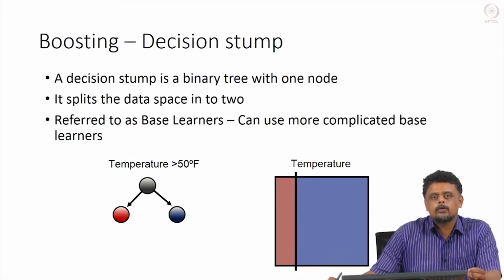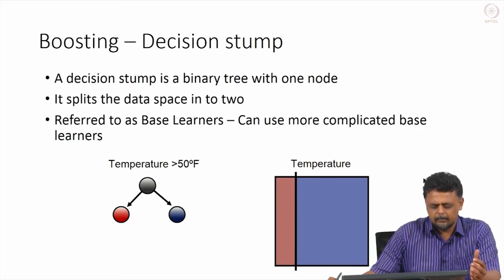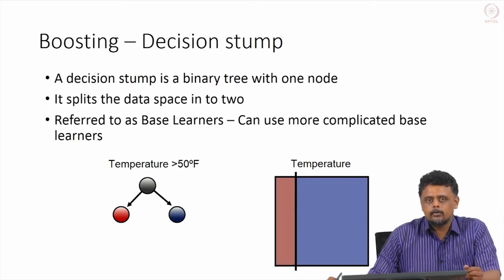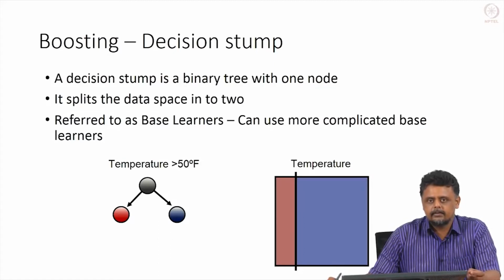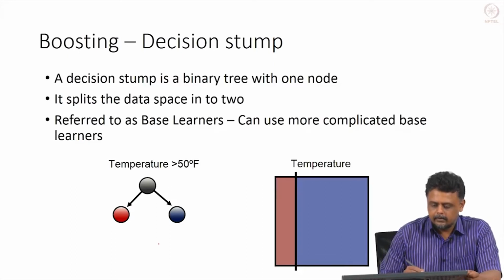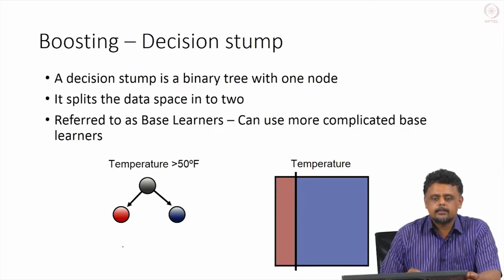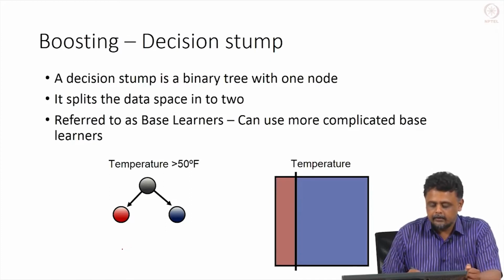These decision stumps are referred to as base learners, and for boosting or bagging, we can use these stumps or more complicated decision trees. So, as I mentioned earlier, the building block for boosting is primarily the decision stump, and it has one node.